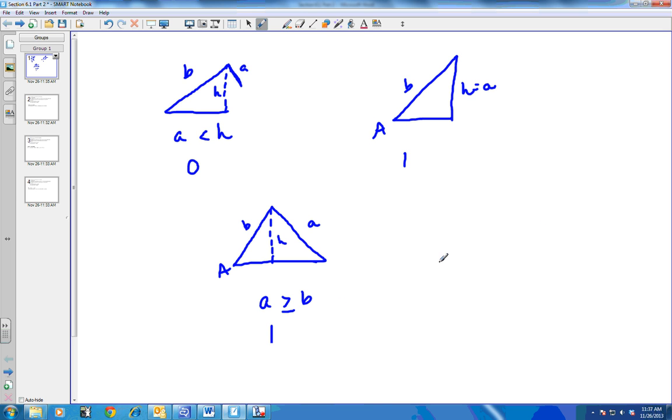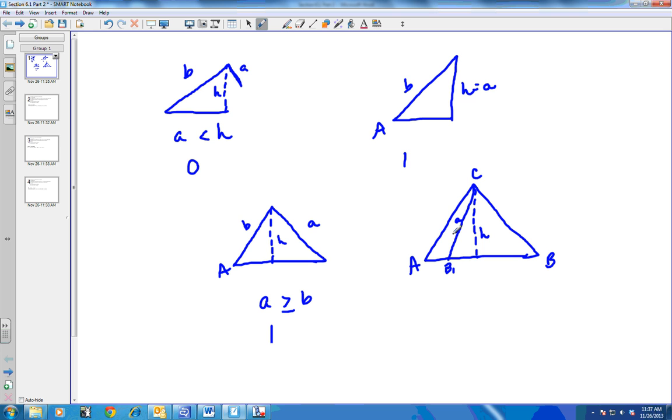But look what happens if I have this. I'm going to draw my triangles in. It's not a very pretty triangle, but here's my height, H. Here's angle A, angle B, angle C. This angle right here we're going to call B1.